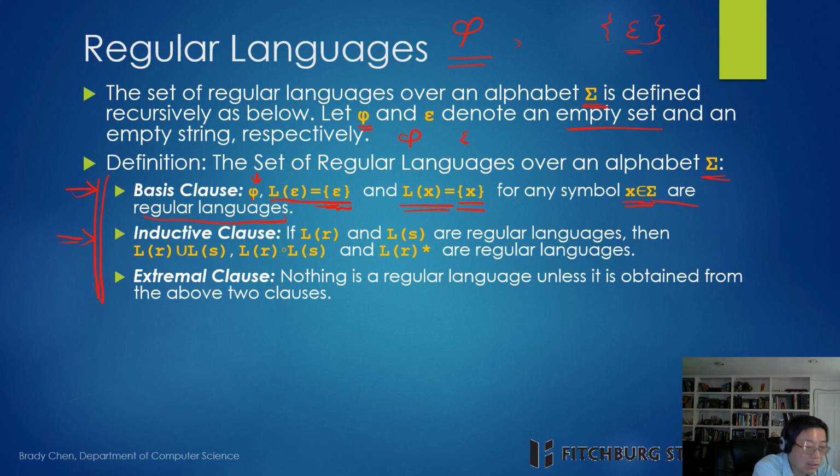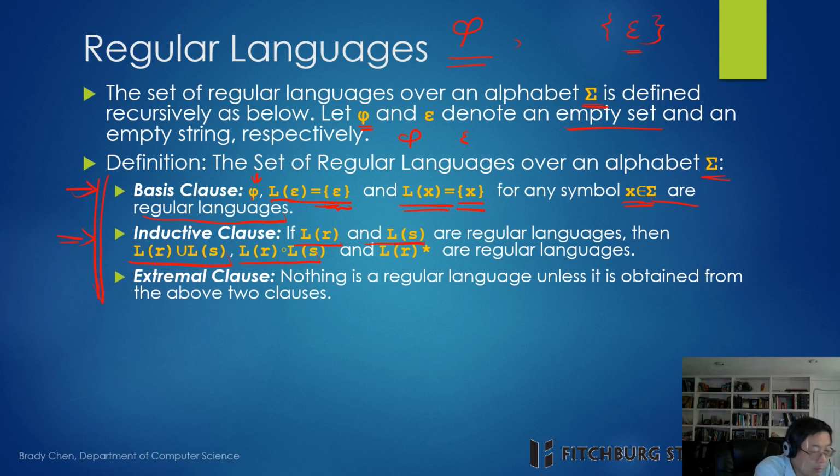Now the second one is the inductive clause. Now what does inductive clause mean? That if L of R and L of S are regular languages, so that means the set built from R and the set built from S, if these are regular languages, then the union of LR and LS is a regular language.